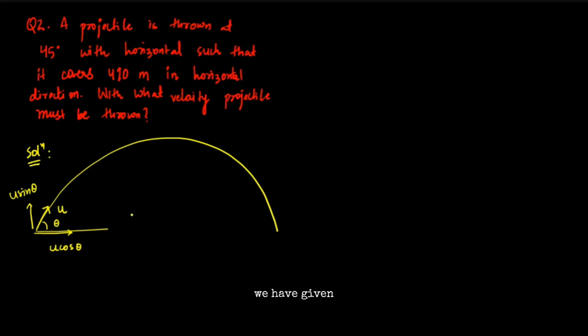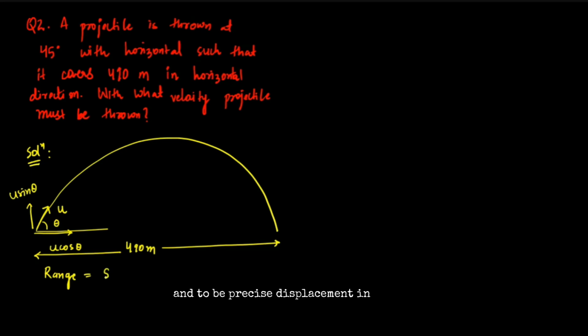But I will always suggest don't focus on remembering the relations, because when you actually need it, you might not be able to remember it. But if you know the concept, you can actually solve it. So just try to figure out what is given in which axis. When a projectile is thrown like that with certain velocity, let me assume u, at an angle theta, it must have two components, u cos theta and u sin theta.